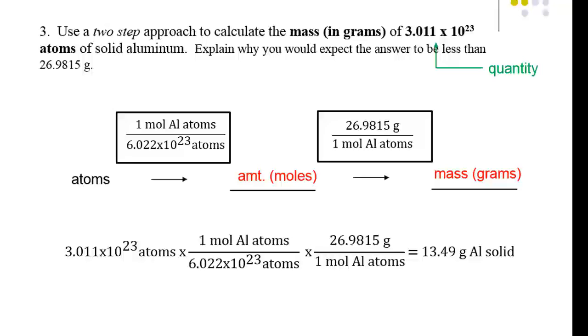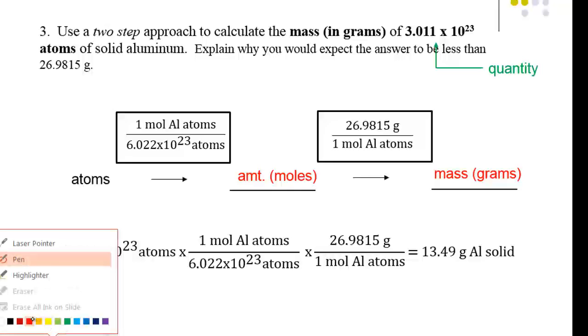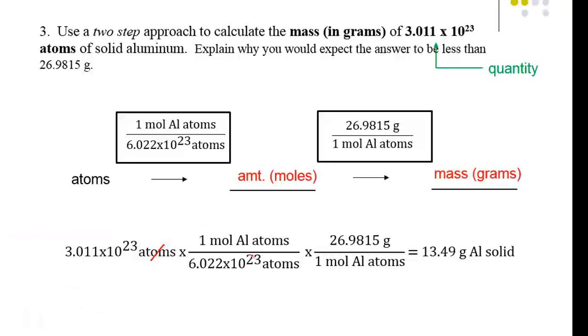Then we multiply by the second conversion factor, which is the molar mass conversion factor, till finally we end up with the answer of mass of aluminum. And so just to point out, in terms of the units canceling, so we'll have atoms cancel here, we'll have amount in moles cancel, and we end up with the quantity in mass of aluminum solid.